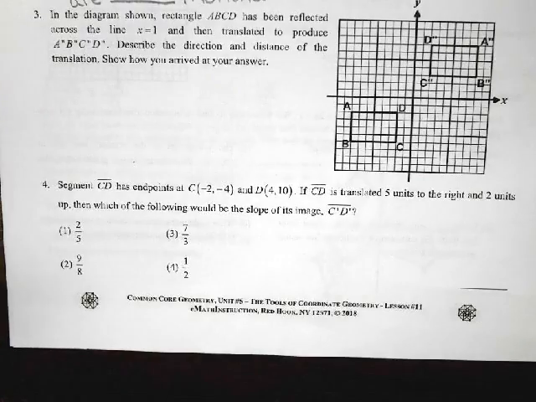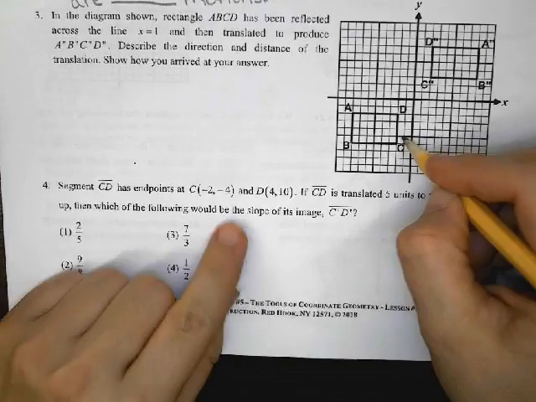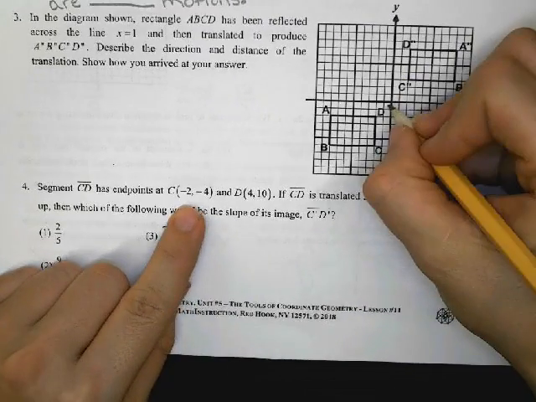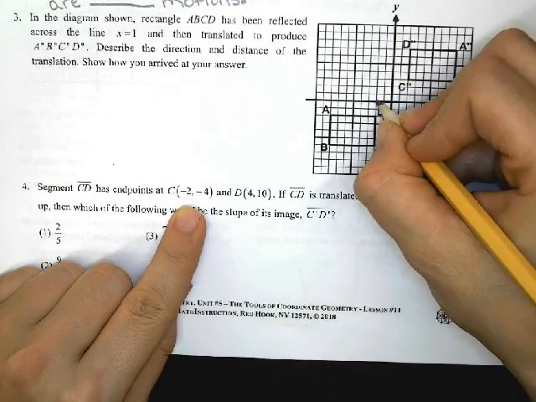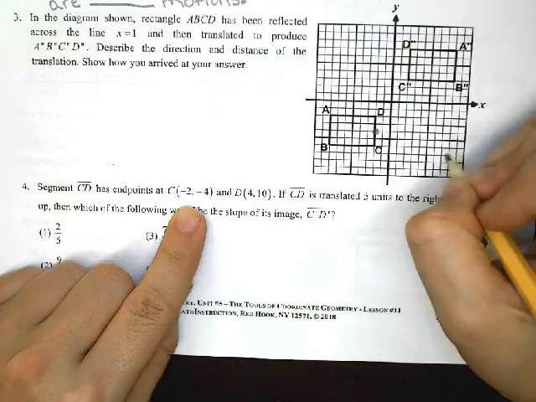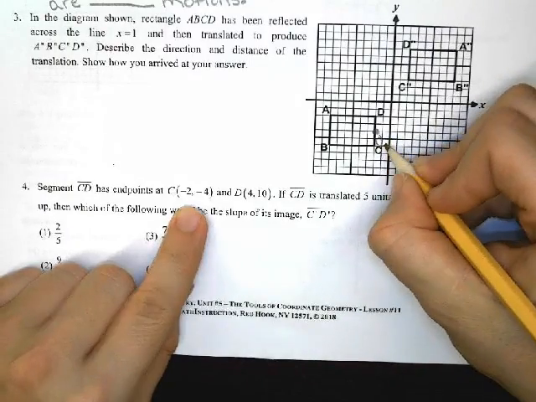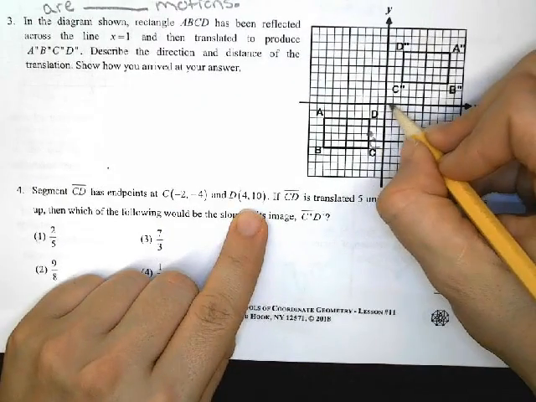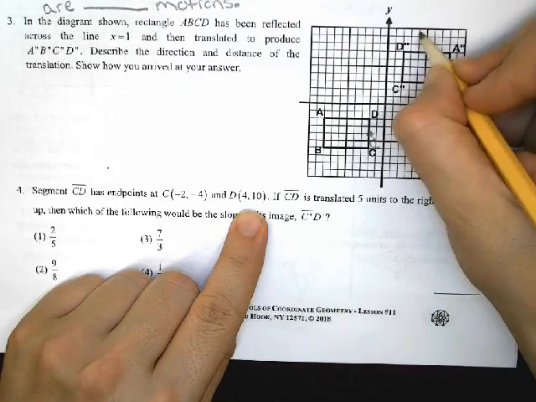Let me help you guys with number 4. Now with number 4, you might need a graph. So I'm going to use the above graph since I'm not using it. I'm going to graph -2, -4 to help me. Okay, so that's where C is. And then 4, 10. Here's 4, 10.